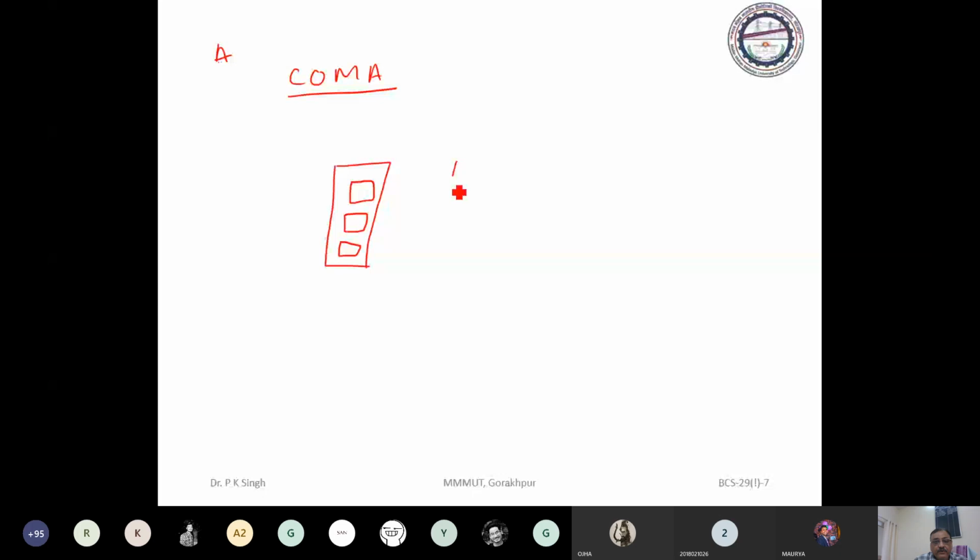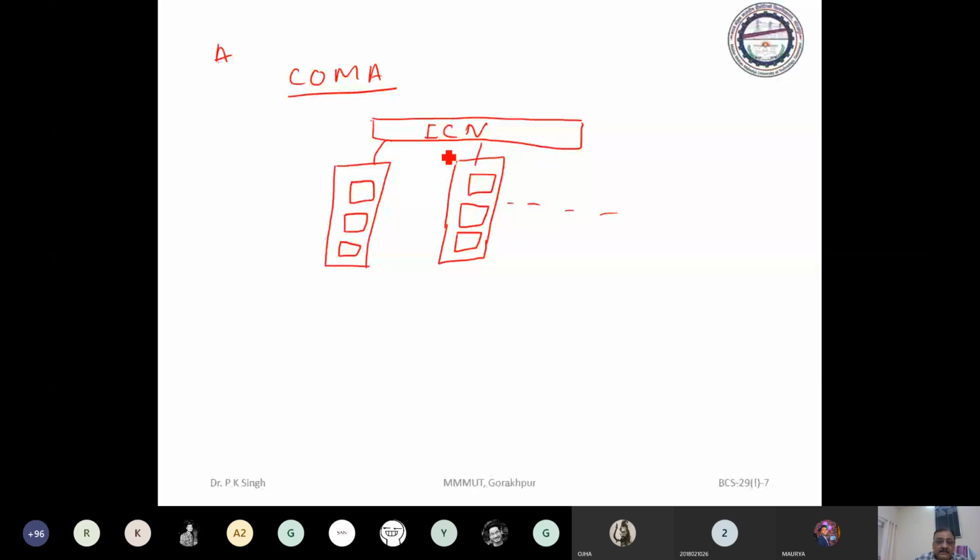We may have another cluster in which we have processing element, local cache, and a directory. Similarly, you may have several, and here we have the interconnection network. All the clusters are connected with the interconnection network. Suppose this is processing element 1 and this is processing element n.